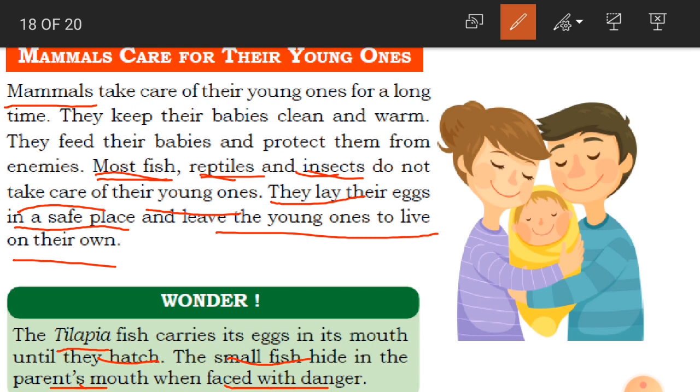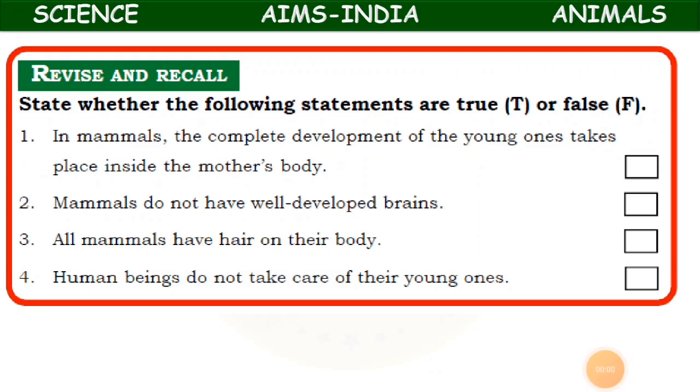If it sees any animal coming towards itself, it is going to hide in its parent's mouth to face this danger. Okay children, see how wonderful this is. Hope you have all understood. So this is how the mammals, birds, reptiles and insects produce their young ones. Before concluding today's topic, we'll revise and recall what we have learned.